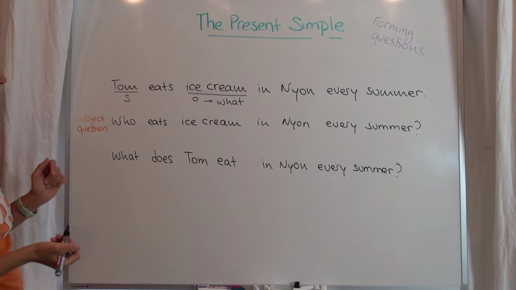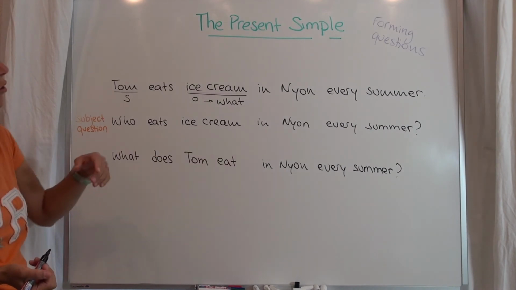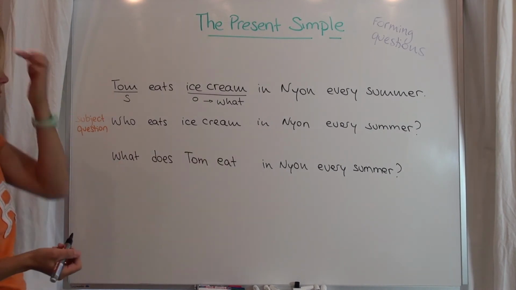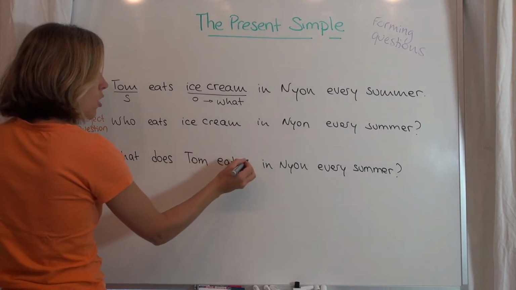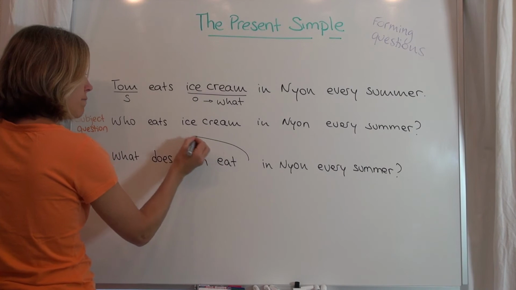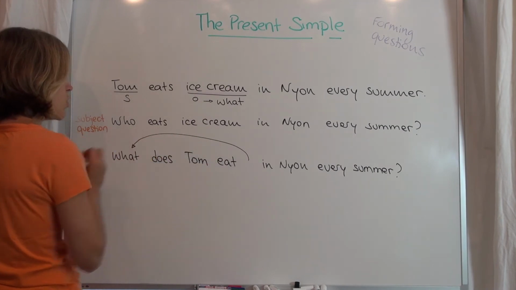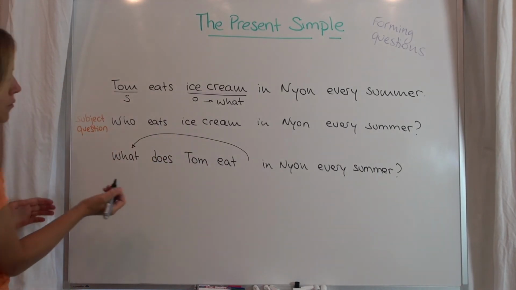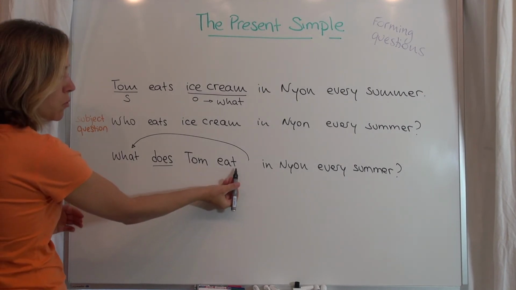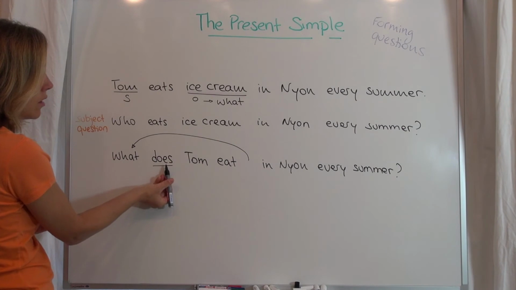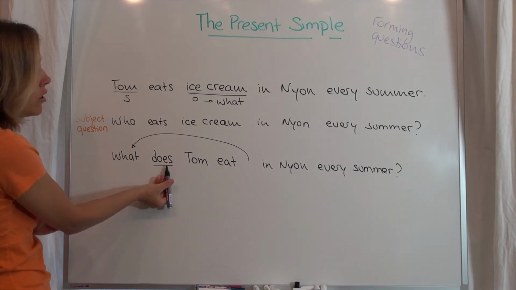Oh, it's ice cream. What does Tom eat in Nyon every summer? Ice cream. Okay? So as you can see, the object moved from here to the first position. And then we have to insert does. And we remove the S from eat because the S is already on the does.